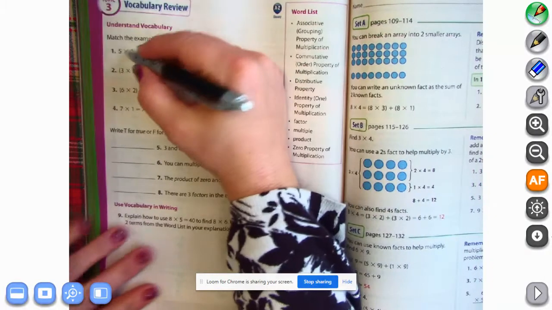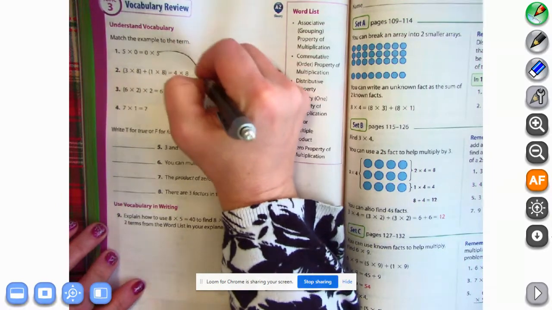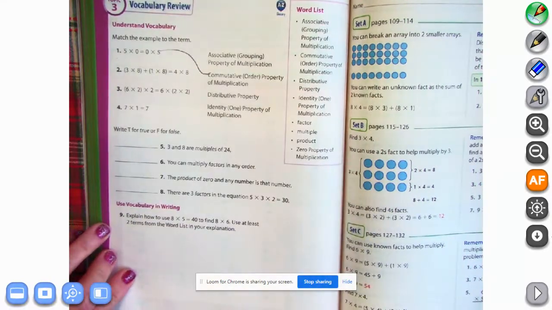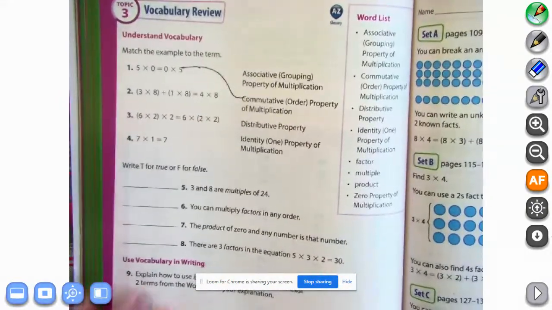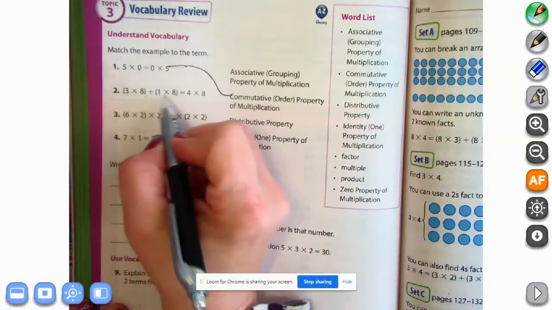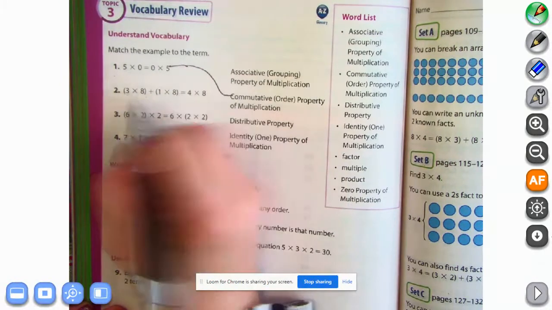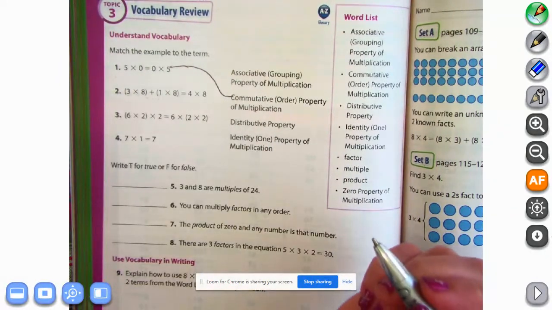All right, so 5 times 0 is equal to 0 times 5. That is the commutative property, isn't it? Shall I get a little closer? Okay. 3 times 8 plus 1 times 8 is equal to 4 times 8. We've done a lot of those.